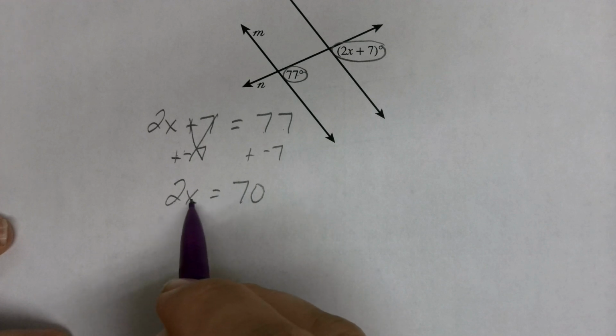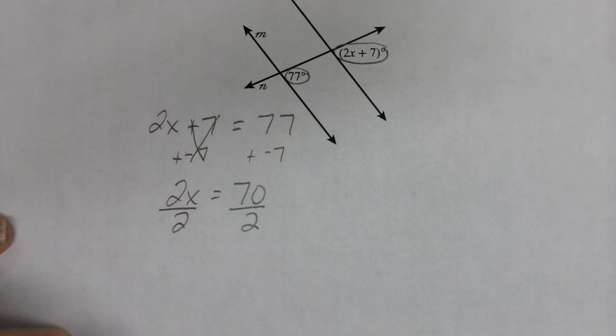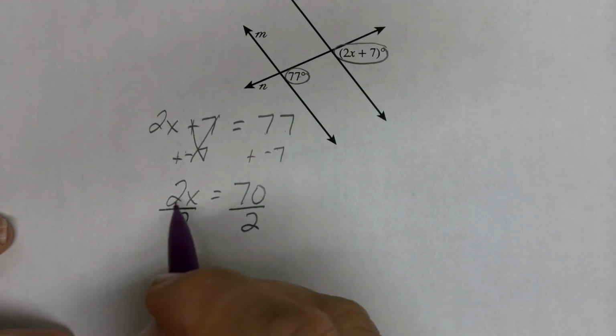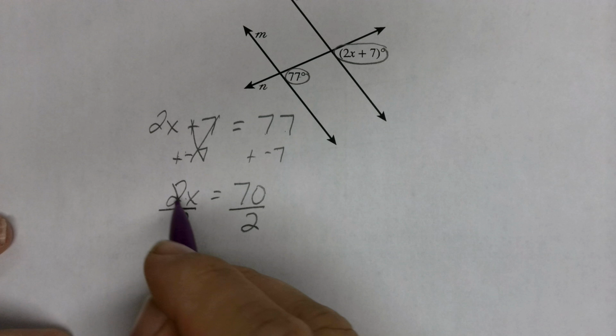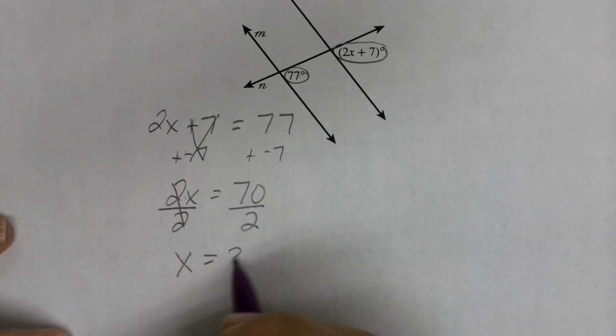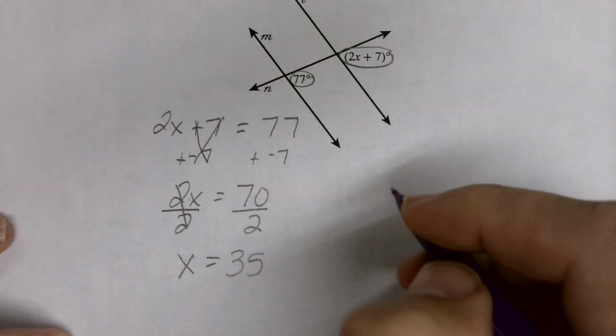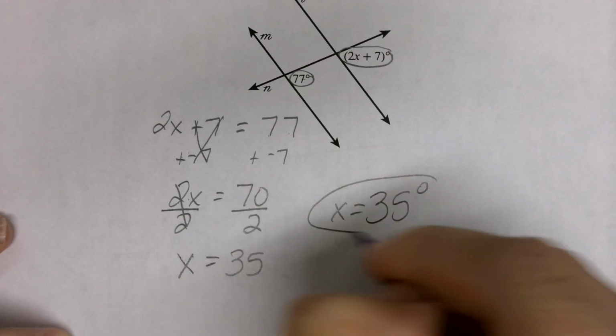Instead of multiplying, we're going to divide. That's the inverse operation. 2x divided by 2, we have 1, cancels out to 1, so we have x equals 70 divided by 2, which is 35. So we have 35 degrees. Okay, x equals 35 degrees.